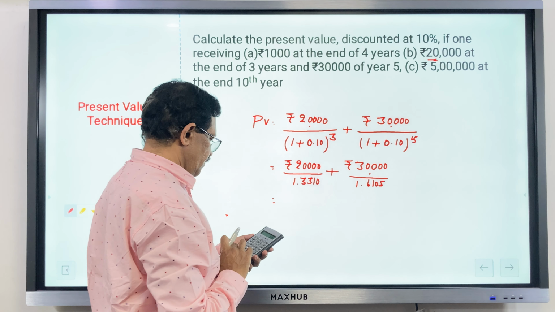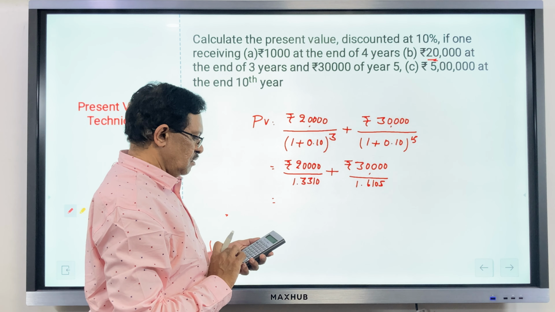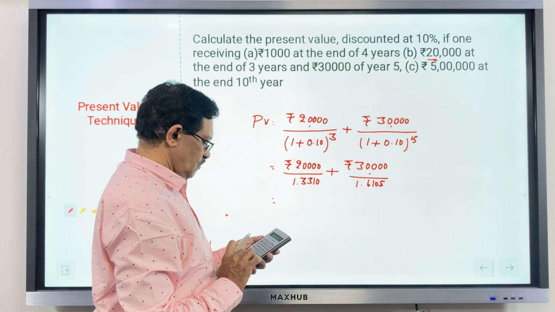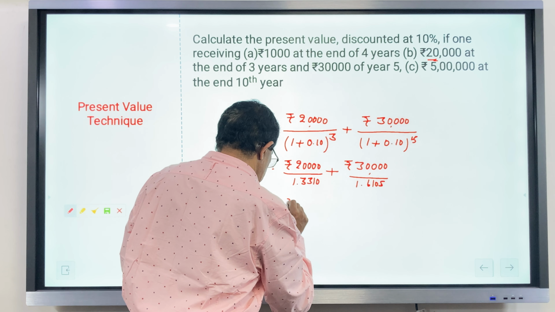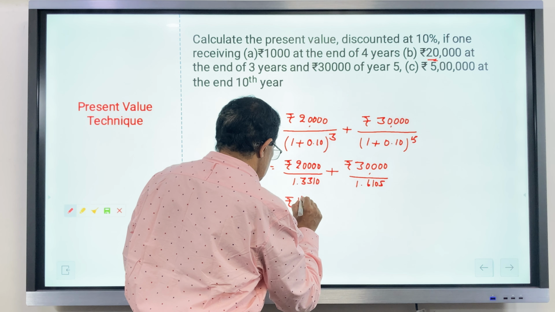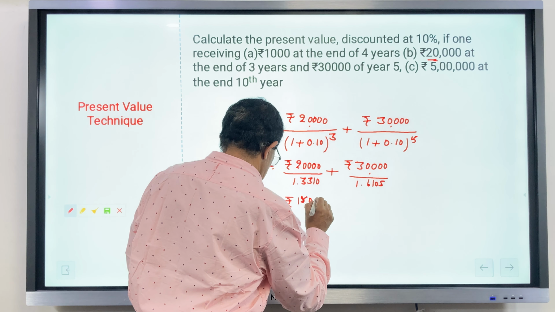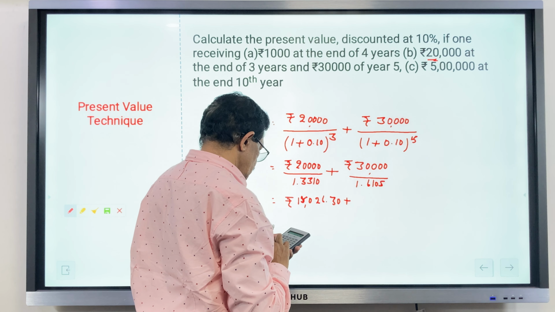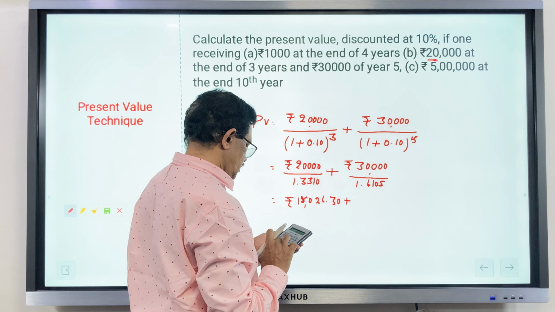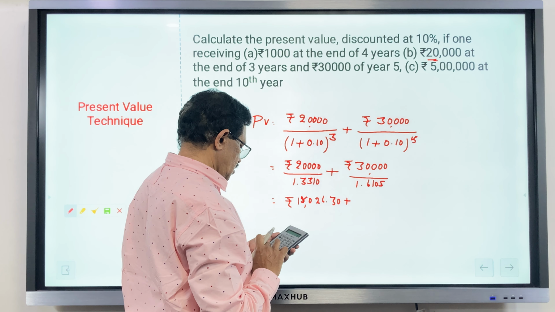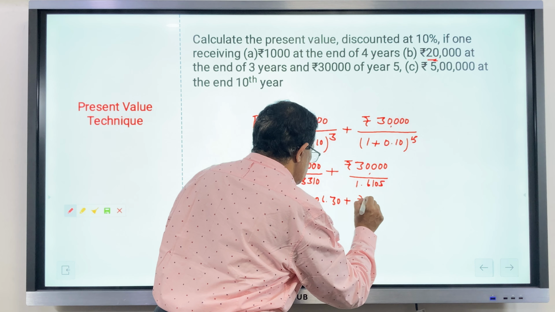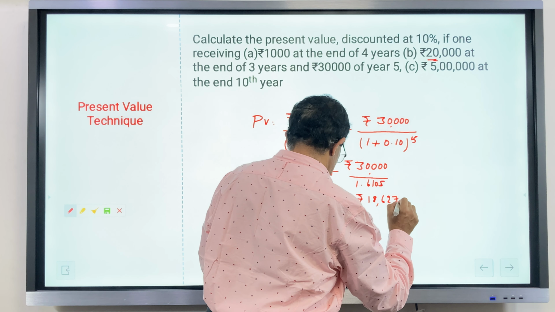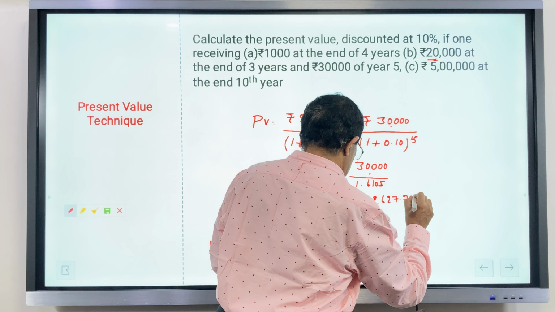So this is going to be 20,000 divided by 1.3310, which is nothing but rupees 15,026.30, plus 30,000 divided by 1.6105, which is nothing but rupees 18,627.76.